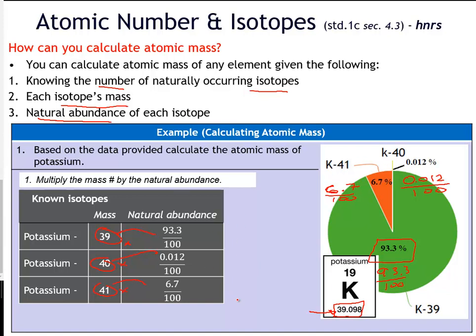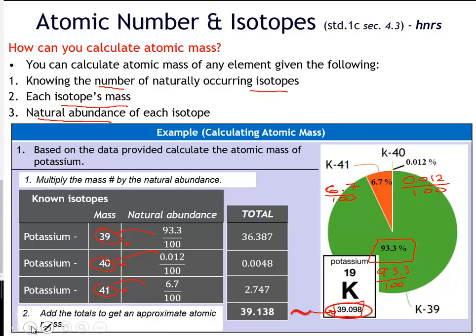So our atomic mass should look something similar to that. Let's see what we got. We get 36.387 plus 0.0048 plus 2.47. When we add those all up, we get 39.138. That's approximately the atomic mass you see on the periodic table on the screen. If you round it, it's 39.1.